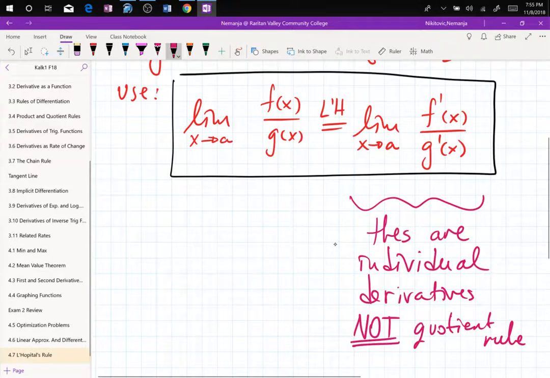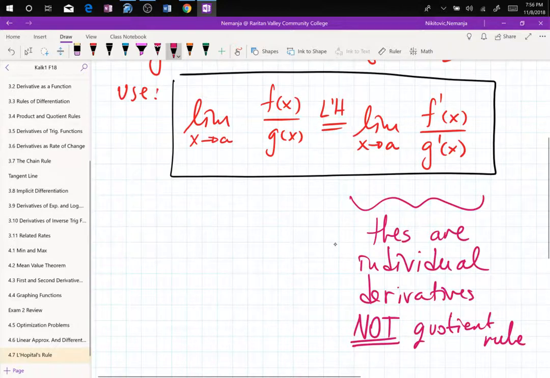What the rule shows is that the answer for the limit on the left, which we can't compute because we get 0 divided by 0, is the same as the limit that we might be able to compute on the right. You are allowed to use this method over and over and chain it as many times as needed until you run out of the 0 over 0 or infinity over infinity prerequisite, right?